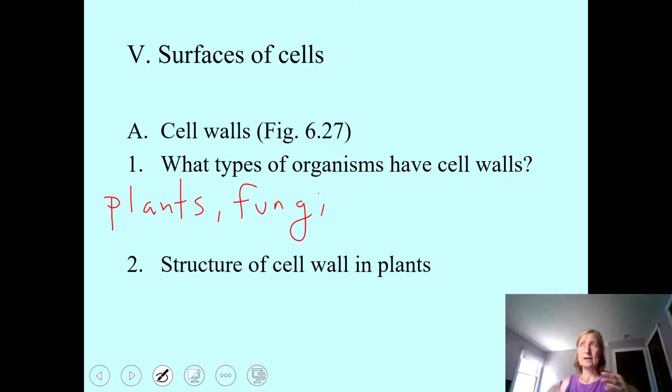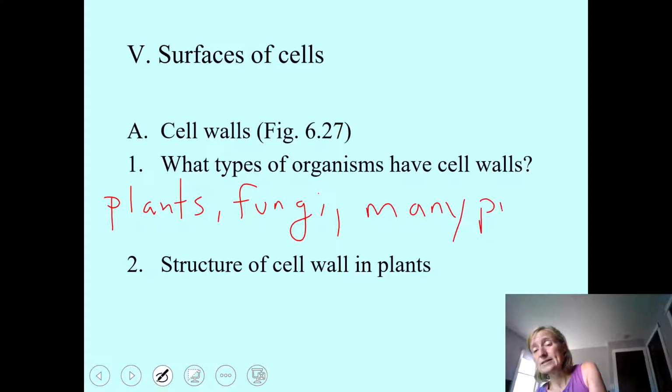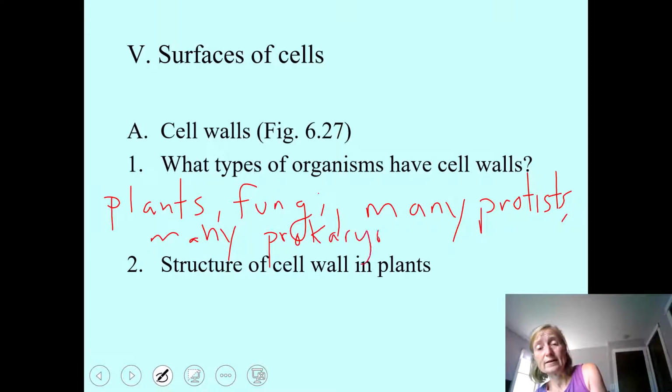These would be secretions outside of the plasma membrane, and so do a lot of protists, so maybe many protists, like algae, for example, and many prokaryotes, bacteria, and archaea, okay?